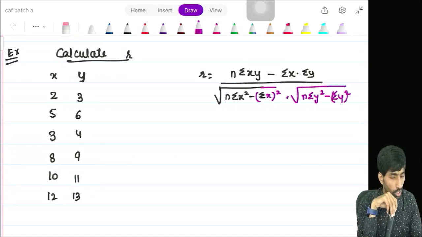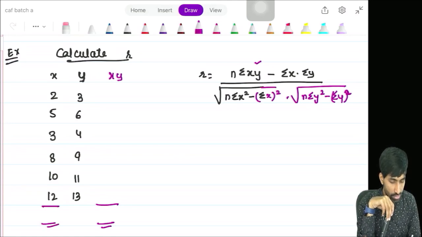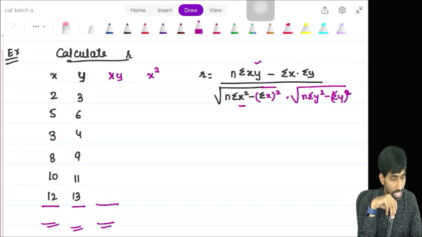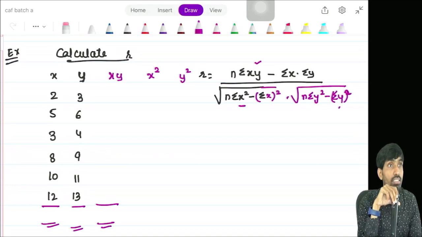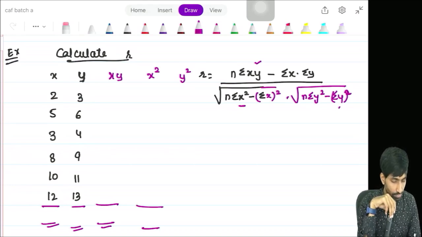From the formula, what can I make out? I want summation xy, so x into y should be multiplied and then I should take the total. Summation x, summation y, x square and y square I want. Is this clear? Give me the totals.